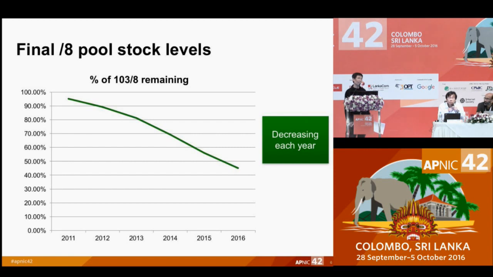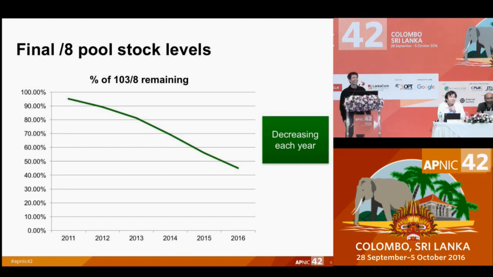I remember when the policy was discussed, the final /8 was supposed to last 10 to 20 years, around 20 years. But in fact, it is coming down in probably less than 10 years.